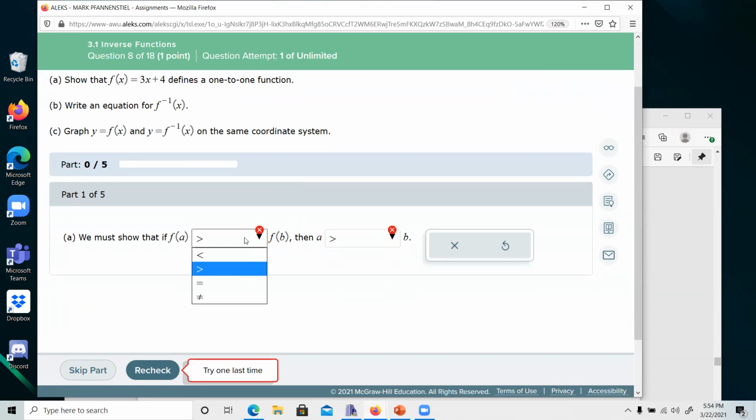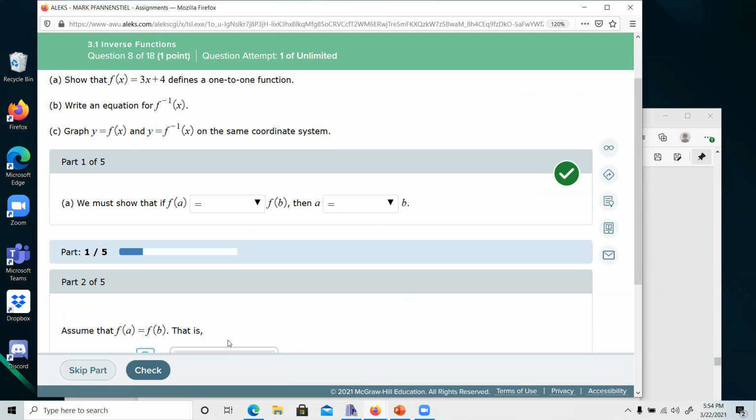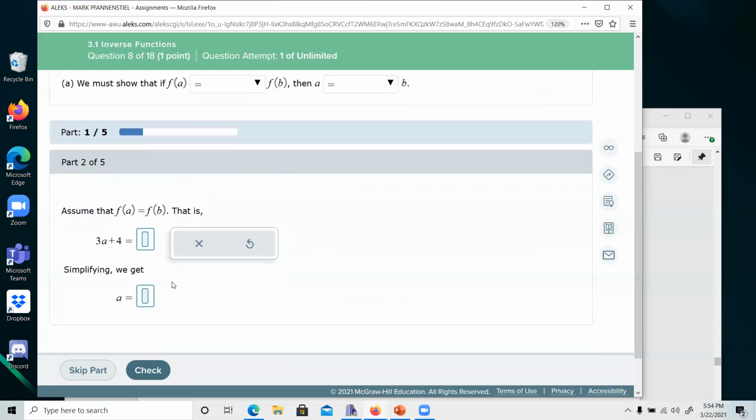Are they saying it the other way? I wonder if they're saying it this way. That is peculiar. So yeah, if f of a is equal to f of b, then a is equal to b. That's another way of saying it.